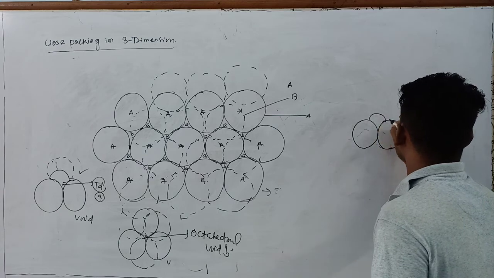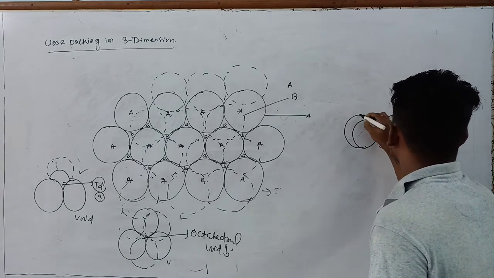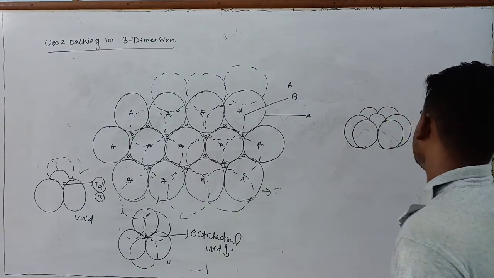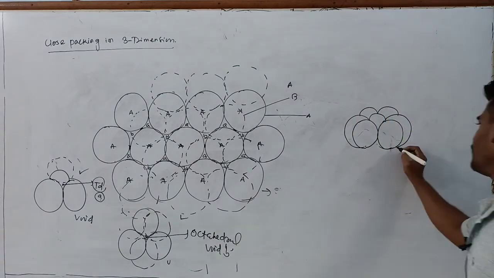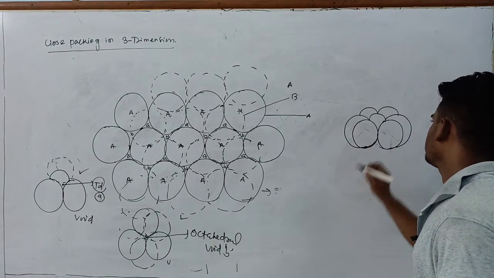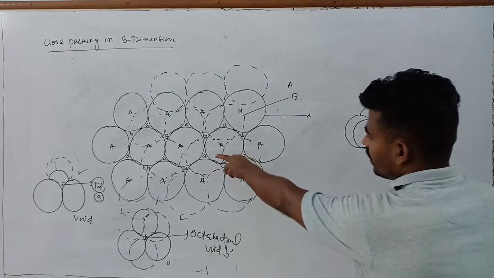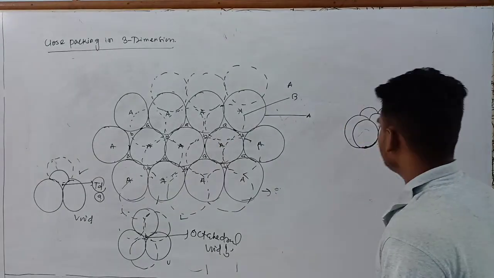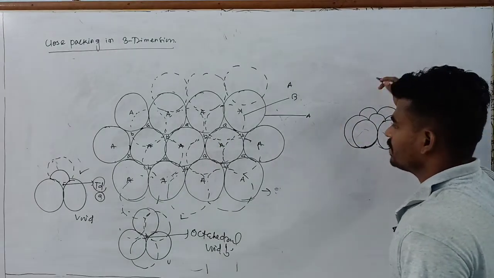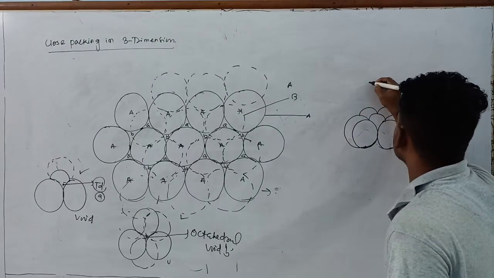This one is the central sphere, and 2 other spheres are like this. You see, I am trying my best. The 6 spheres are there, and for this dotted second layer, you just see above these 6 spheres, next is like this.